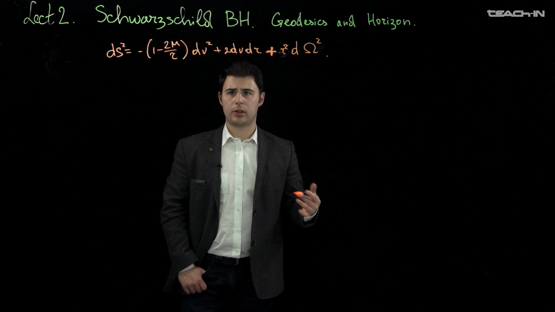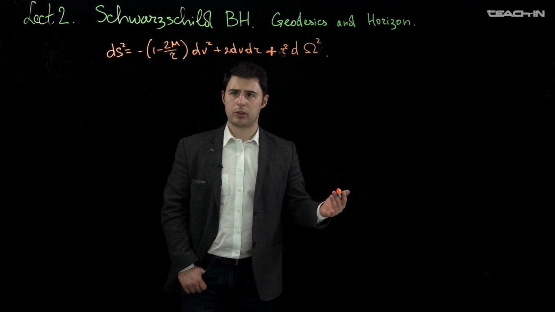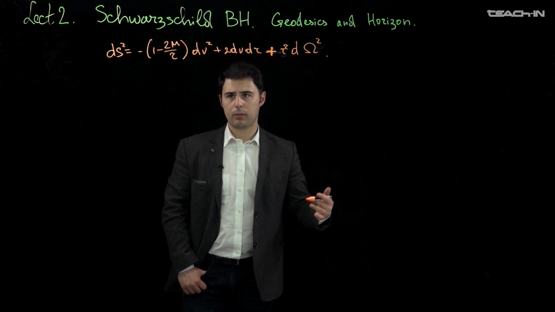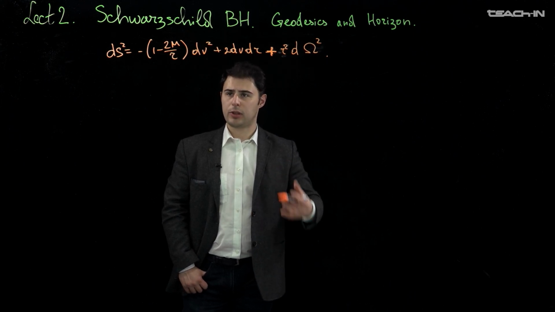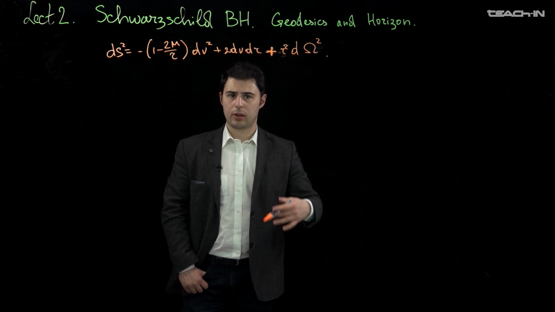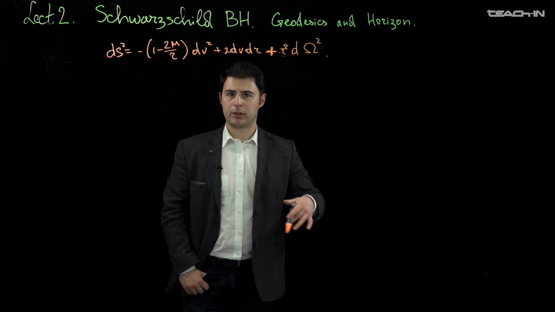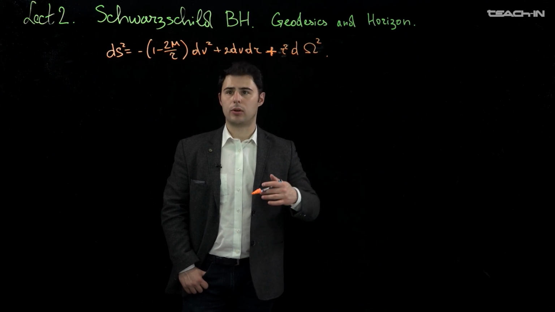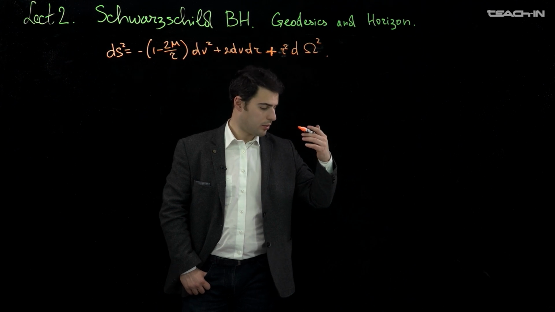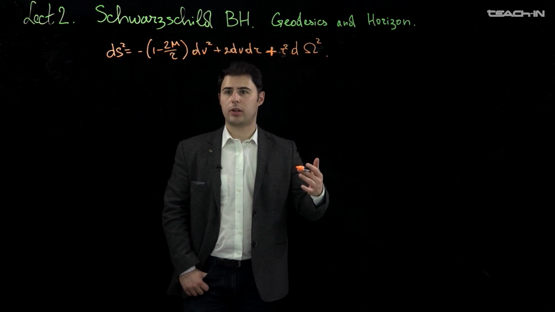Good. So as we said, this metric is regular and non-degenerate at r equals 2m, and in fact, it means that the spacetime itself can be extended past the horizon.